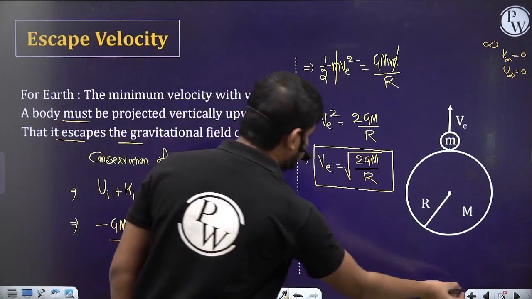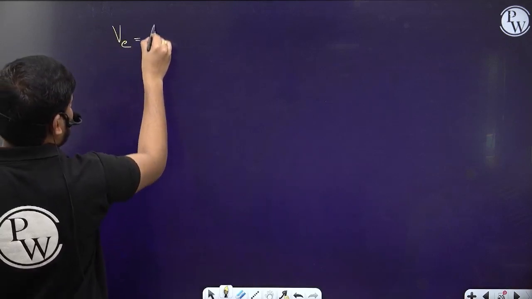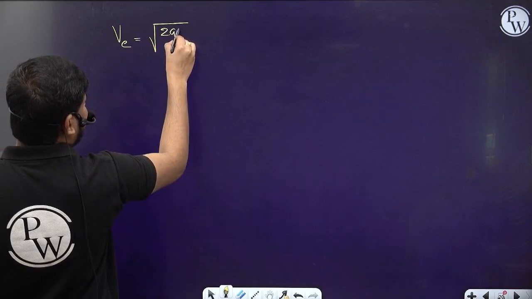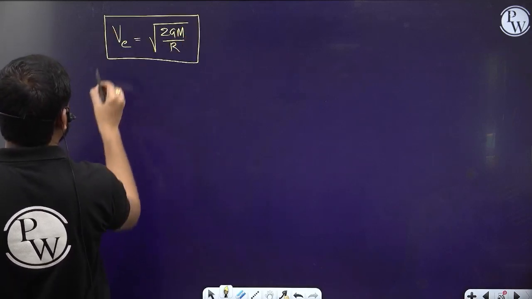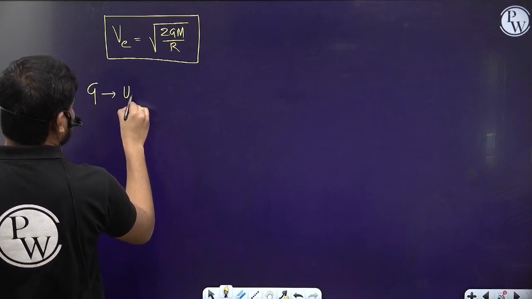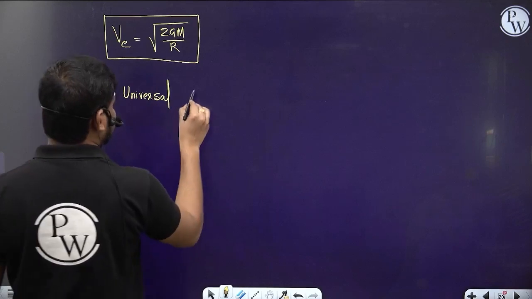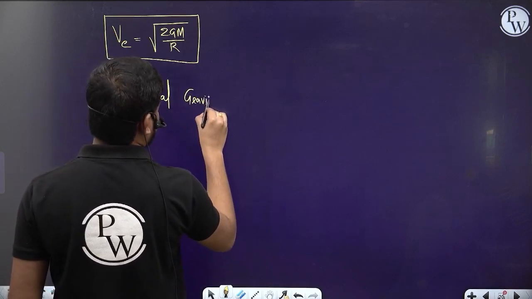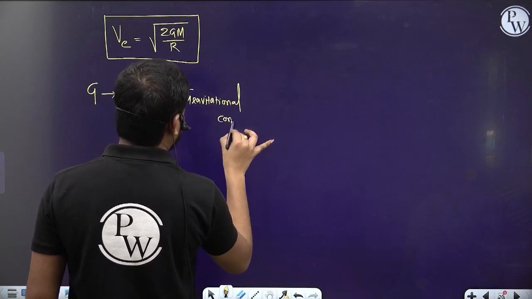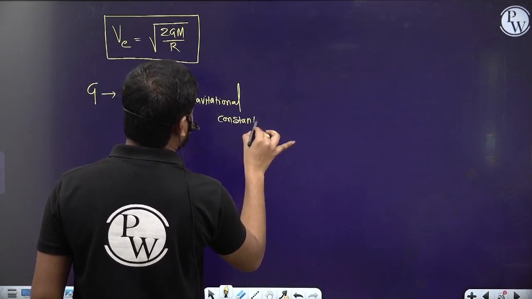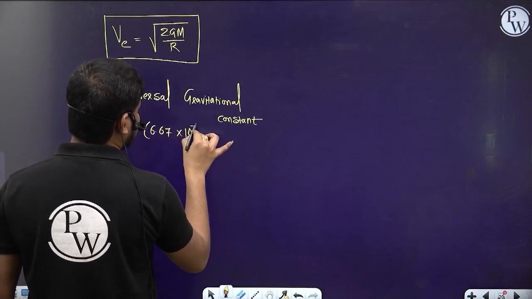Let me write it on the next page. The escape velocity is equal to root over 2GM by r, where capital G is the universal gravitational constant, whose value we know is 6.67 into 10 to the power minus 11.